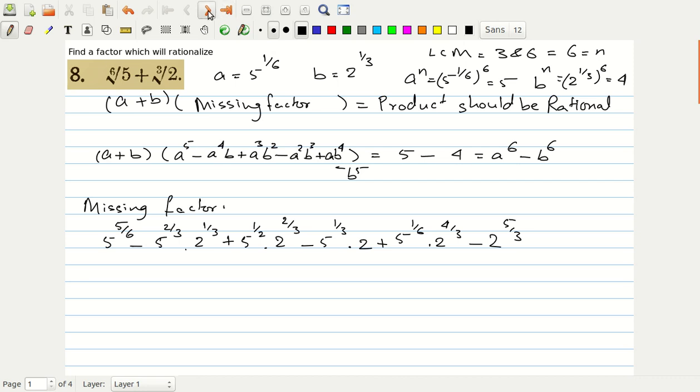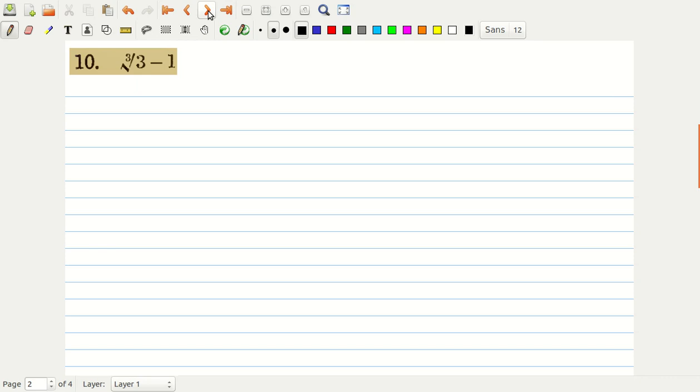Now let's look at the next example. Over here you have been given 3 to the power 1 by 3 minus 1. So again, let us say that this is A and this is B. So you have got A minus B. We have to find the missing rationalizing factor, but the product should be rational.